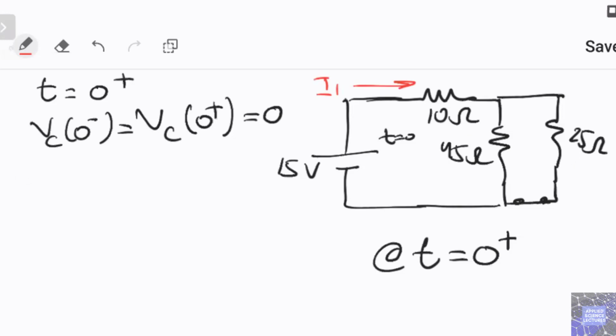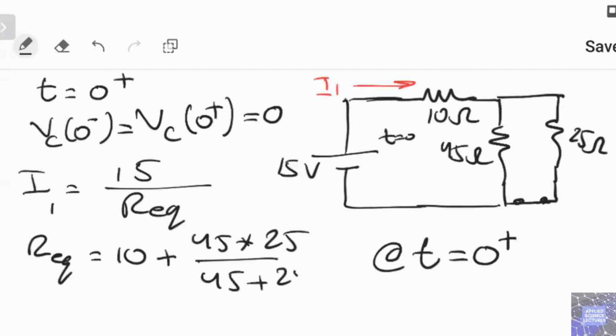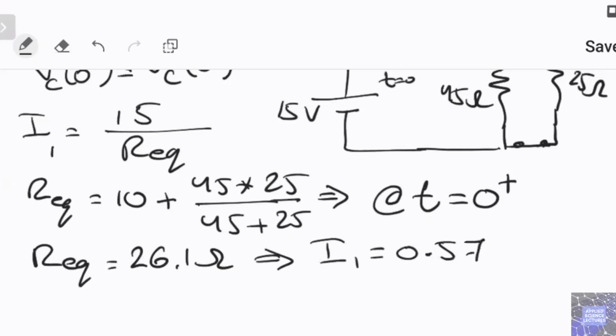So I can say that I1 equals to 15 volt divided by R equivalent, and this R equivalent is indeed the 10 ohm plus the 45 that is in parallel with 25, so 45 times 25 divided by 45 plus 25, and this is going to give me R equivalent to be 26.1 ohm and I1 to be 0.57 ampere.